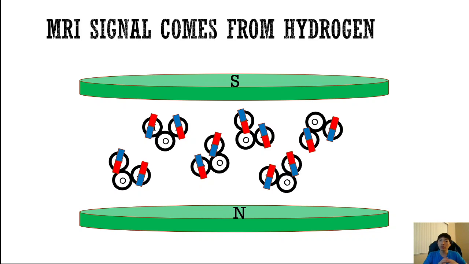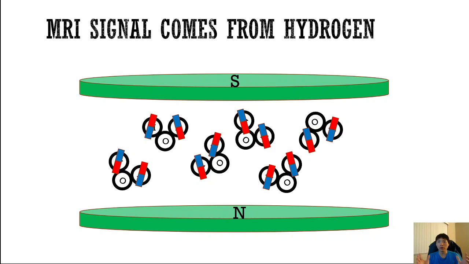Now, when you put the patient inside the MRI scanner, the bar magnets tend to align with the magnetic field. But due to quantum mechanics, the bar magnets are always spinning. The problem is they're spinning around with different phases. What that means is some of them might start out on the left side, some of them might start on the right side, and then they're rotating, but they're out of phase. They're not in sync with each other.